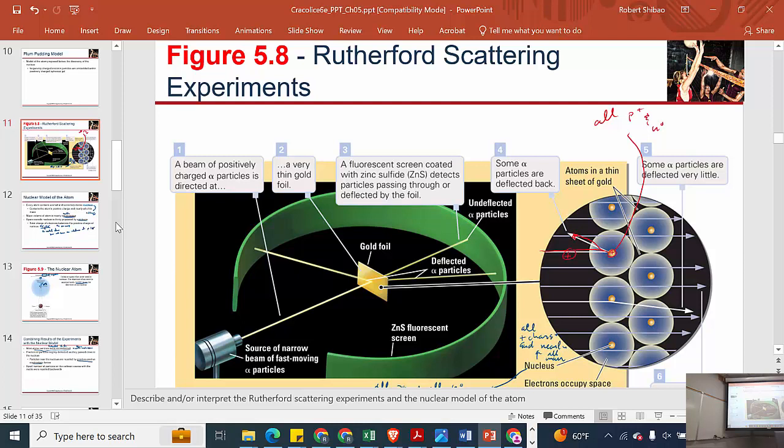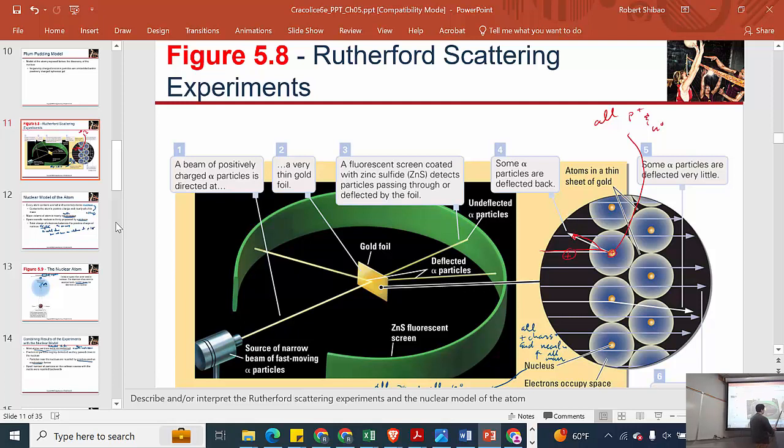And so like charges repel. This is like trying to force 2 positive poles of a magnet together. They're going to repel each other. And so this is due to electrical repulsion here. Not because it's heavy. It is heavy because the protons weigh 1 U and neutrons weigh 1 U.